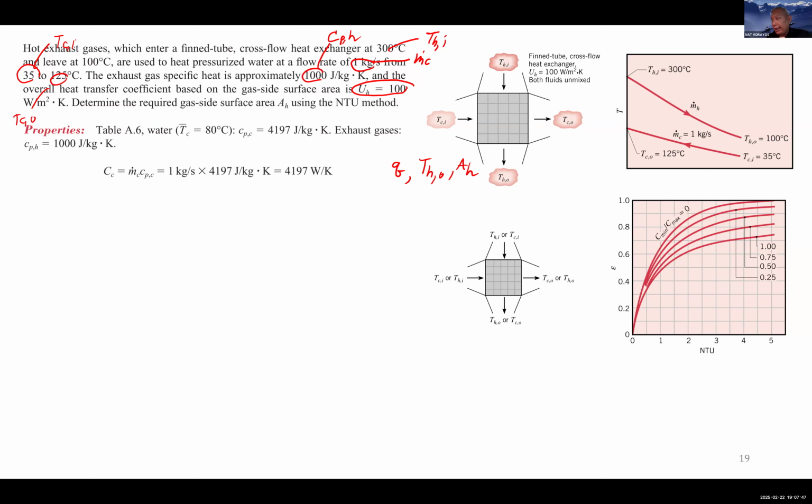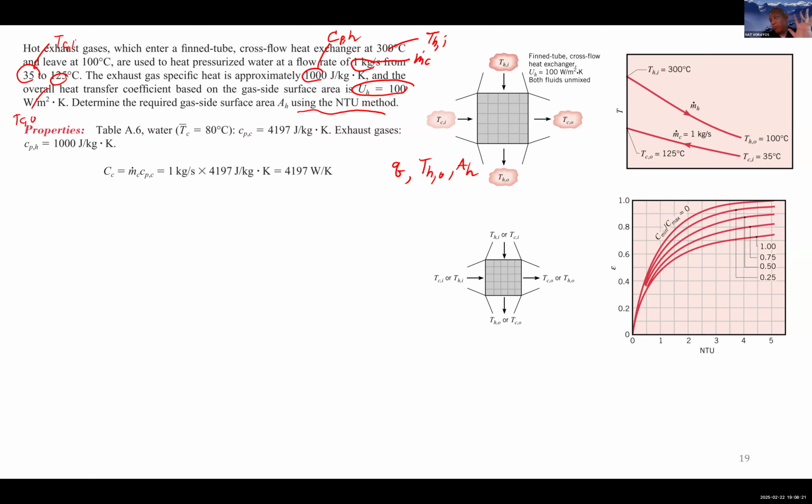Right there, you should recognize right away that you should be able to use the log mean temperature approach. You don't need the effectiveness approach, okay? But they're asking you to use the NTU method, meaning using the effectiveness. They are forcing you to.